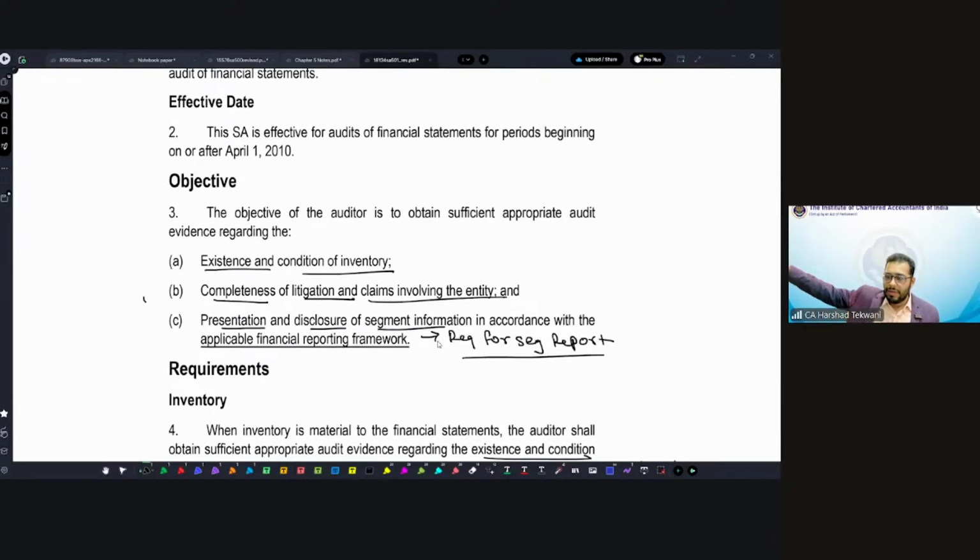First, understand which is the applicable financial reporting framework. From there, understand the requirement for segment reporting. Then see whether the presentation done by management and the requirement are matching or not. Simple, straightforward. Based on that, say whether the presentation and disclosure of segment information is appropriate or not.